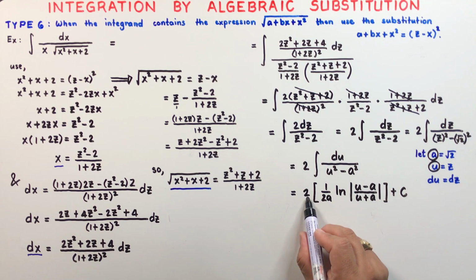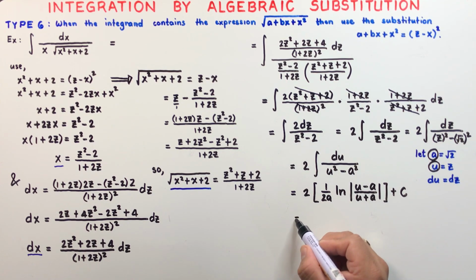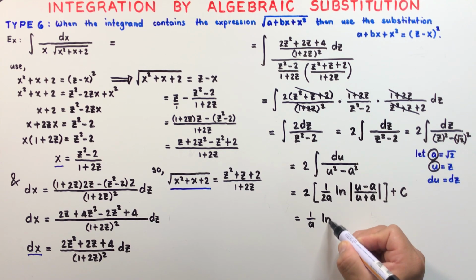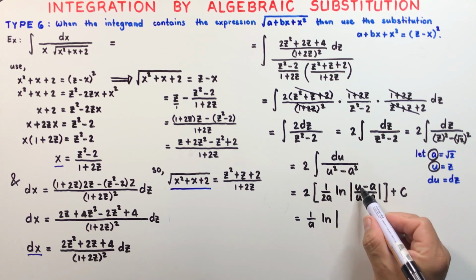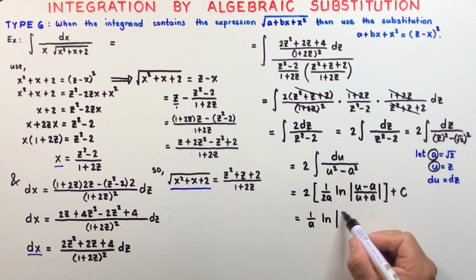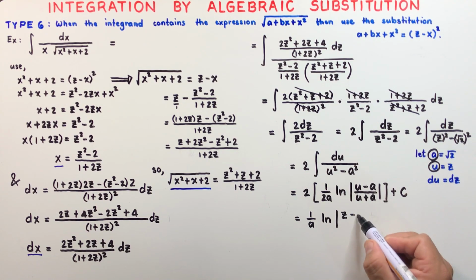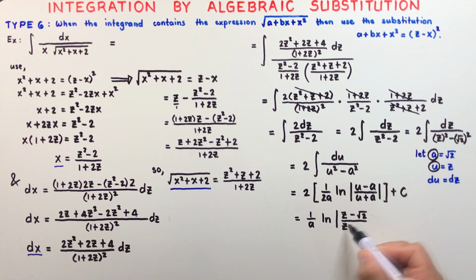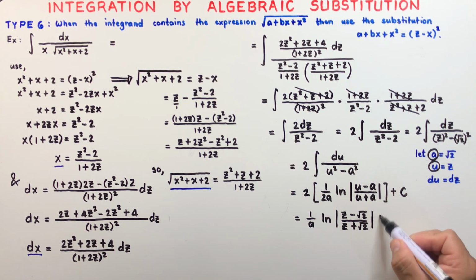And multiplying these 2 and 2a, we have 1 over a times the natural log of the absolute value of our u, which is z, and our a, which is the square root of 2 over z plus square root of 2. And this is added to the constant of integration c.